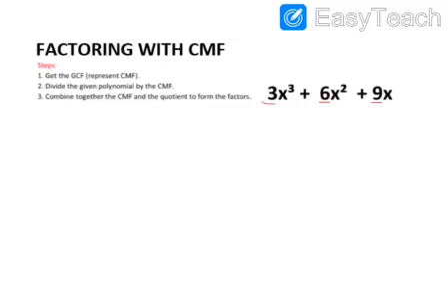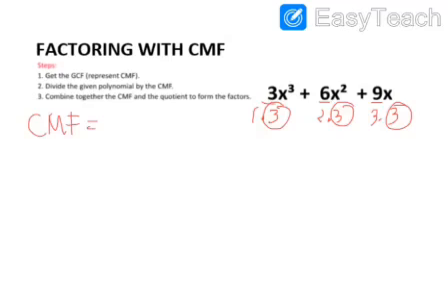So the factors of that are 1 times 3, 2 times 3, and 3 times 3. So again, to find the CMF, just get the same number that appears in the factors, and that is number 3. So our CMF for the numerical coefficient is 3.